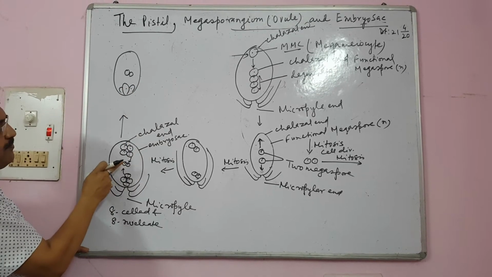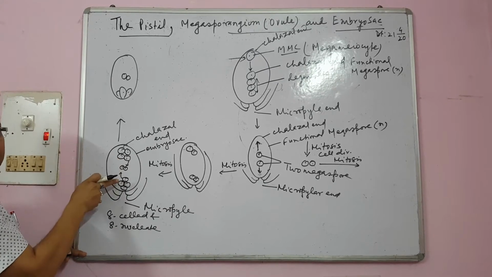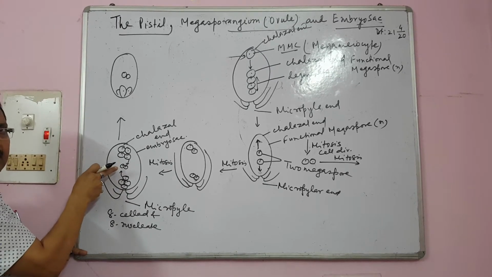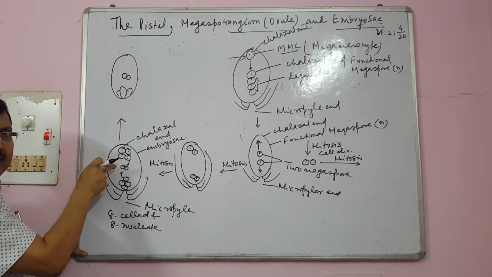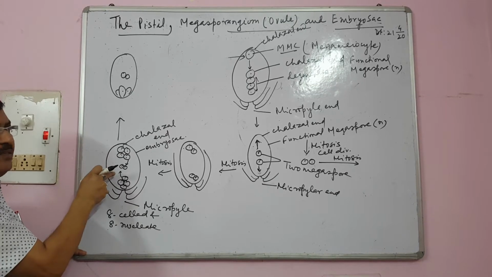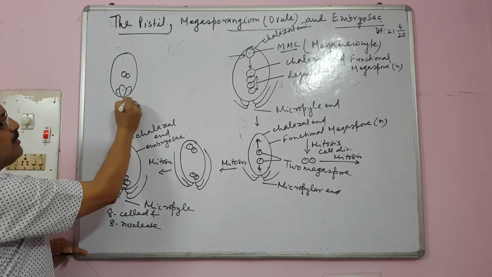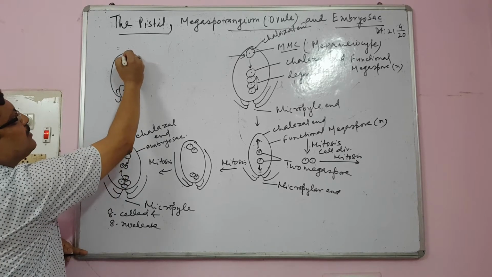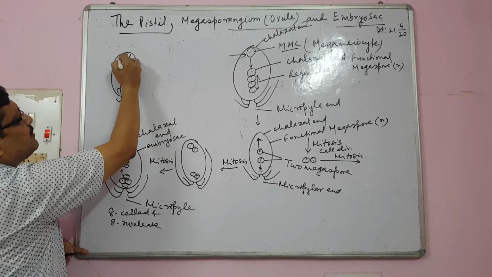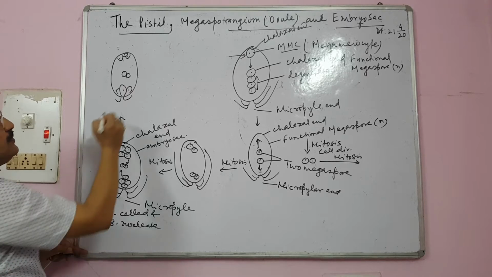As soon as both ends give rise to one nucleus or cell in the center, each end is left with 3 cells.